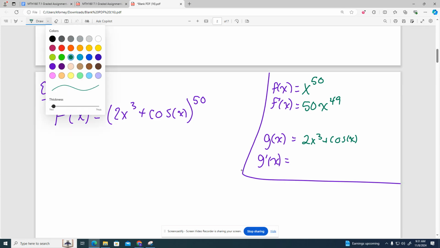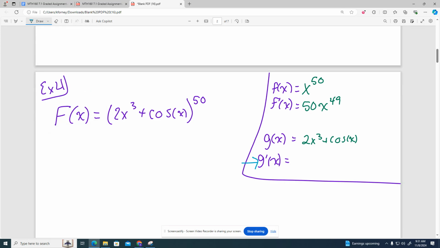Now, the derivative of g of x, of the inside. So what's the derivative of 2x cubed? 6x squared. And what's the derivative of cosine? Okay?